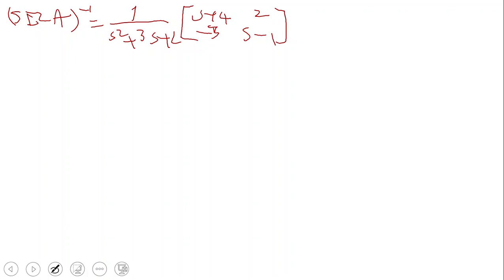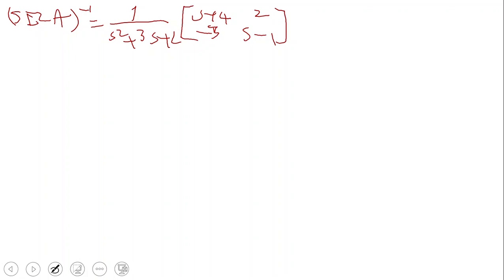Now we will go for computing the two terms, right? What are those two terms? We have to find out s into (sI minus A) inverse into x of 0, right? Anyway, x of 0 is 0.